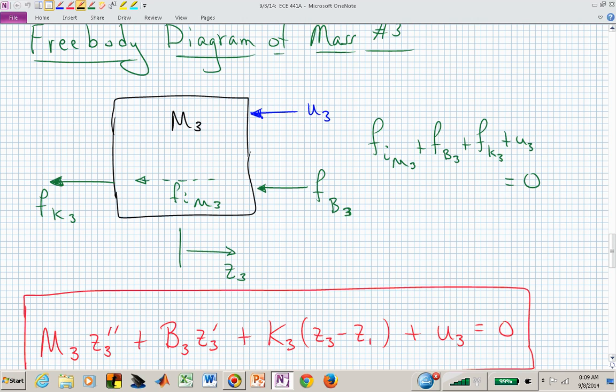And now the externally applied force is in the same direction as the resulting forces that are created when you displace that mass in the positive z sub 3 direction, which is why this equation does not equal u sub 3. u sub 3 is included algebraically on the left-hand side because it's in the same direction as all of the other forces.